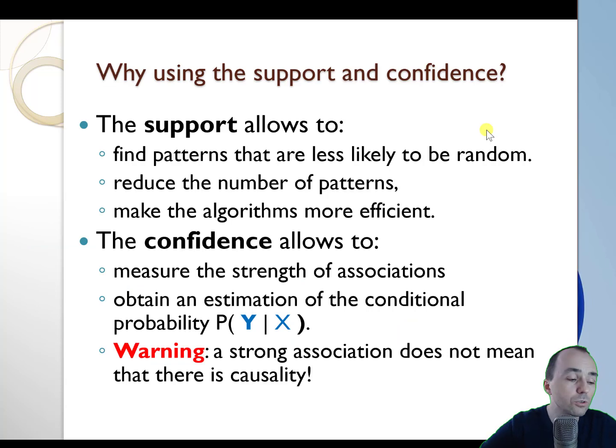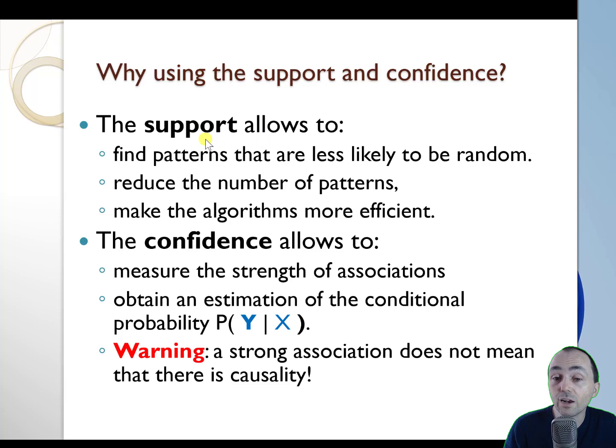So why do we use the support and confidence in association rule mining? I will explain to you. First, we use the support because with the support we can decide we want to find the patterns that appear many times.